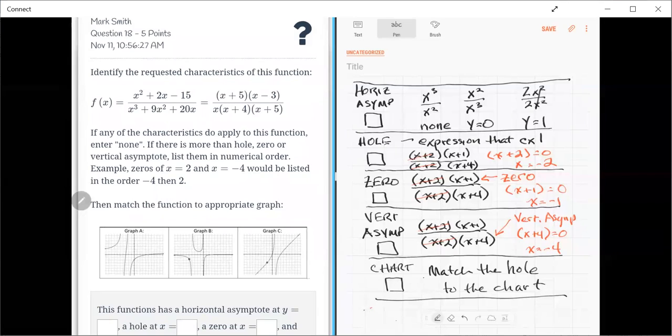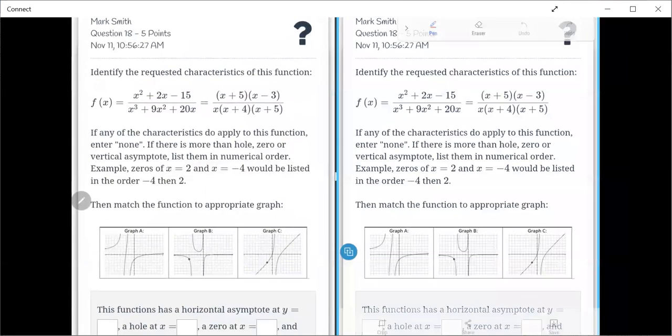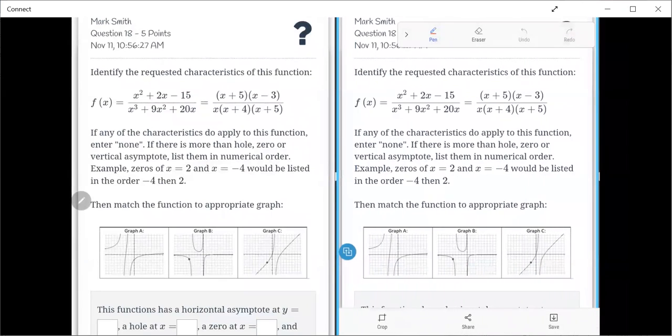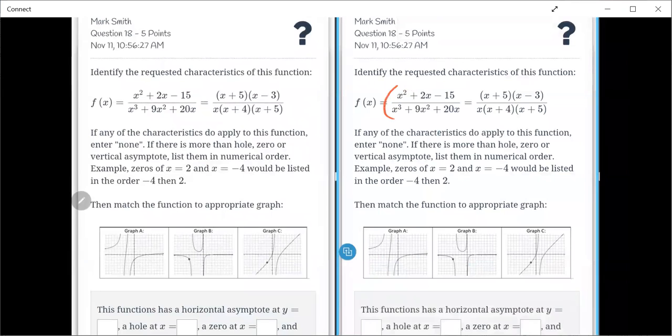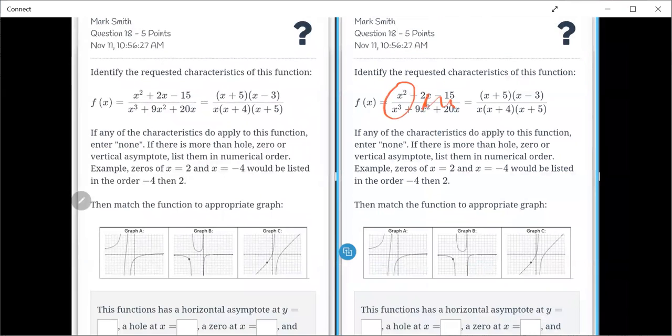I'm going to go through them one by one. First, a horizontal asymptote. For a horizontal asymptote, we look at that value right there. We don't care about any of this other stuff, but we look at that value right there.